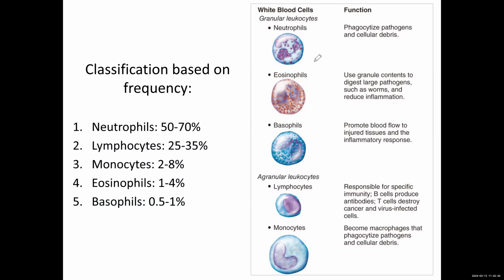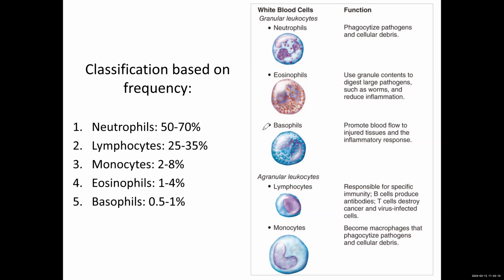Neutrophils' function is to phagocytize pathogens and cellular debris. Monocytes are macrophages. What macrophages do is engulf and destroy pathogens. Neutrophils are called microphages. They also phagocytize, but they're smaller than monocytes.